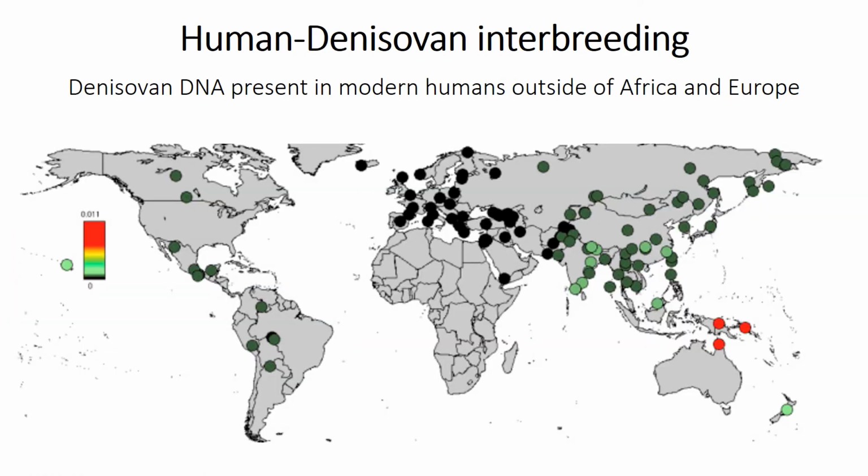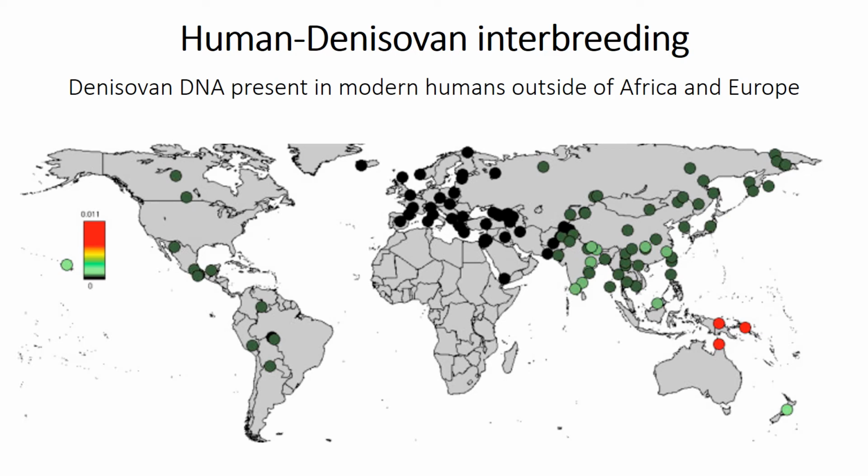Oh, and guess what? Homo sapiens and Denisovans interbred as well. Right, just like we did with Neanderthals. Presumably as modern Homo sapiens expanded into Eastern Asia, and this is because bits of Denisovan DNA are found in modern populations, except for people from Africa, Europe, sort of the Near East and Western Asia.